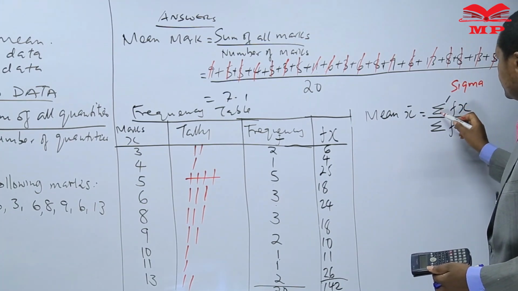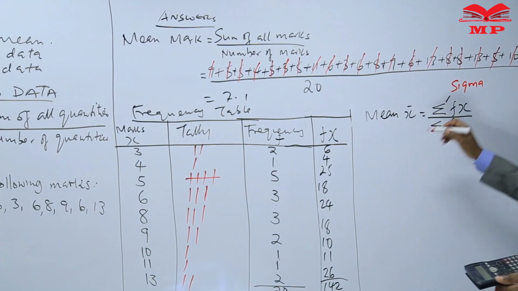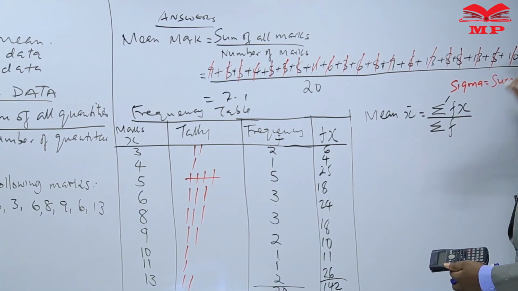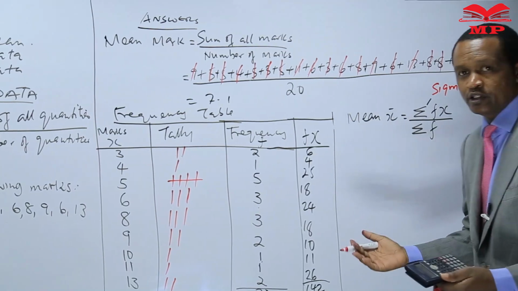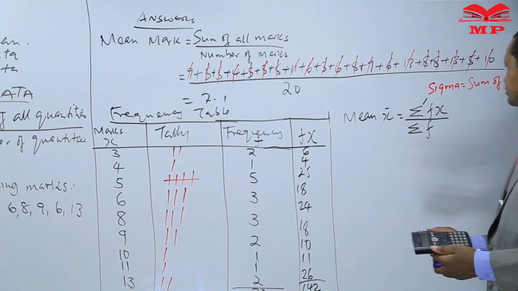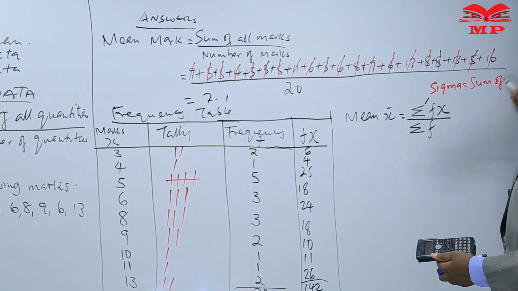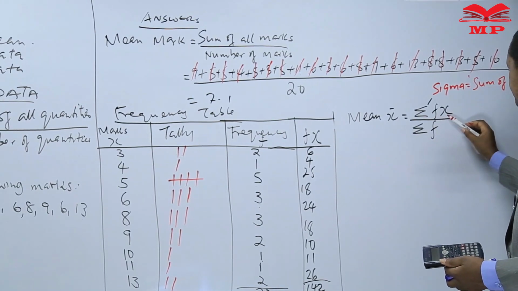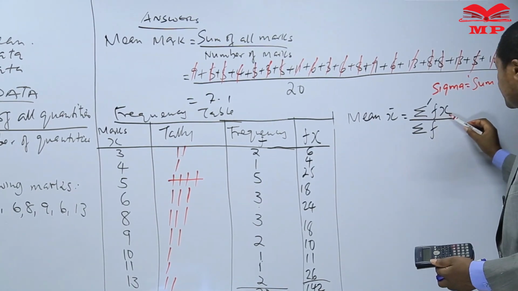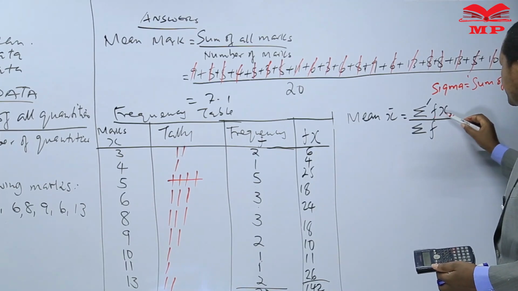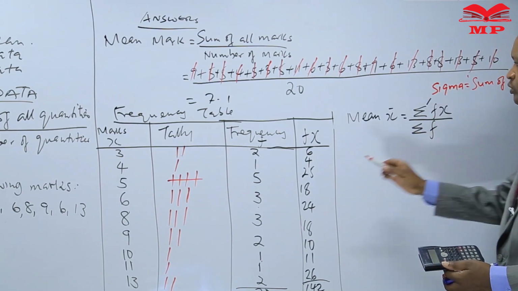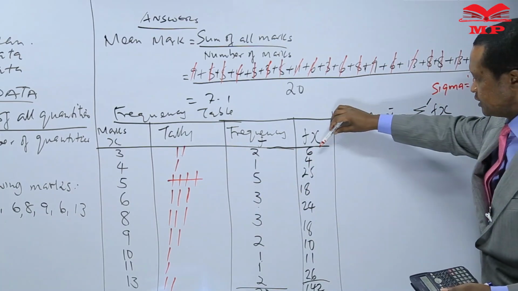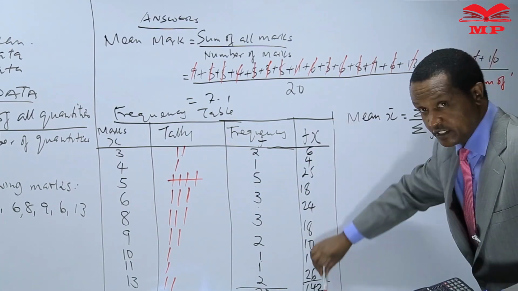It's a symbol in the Greek language which means sum of. So this is the sum of fx. You multiply f by x, then you sum. That's what we've done here. We multiplied x and f, then you have the total, which is the sum.